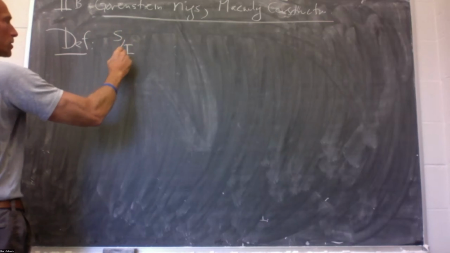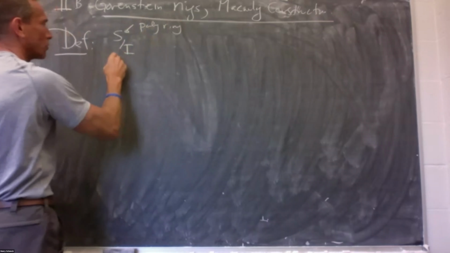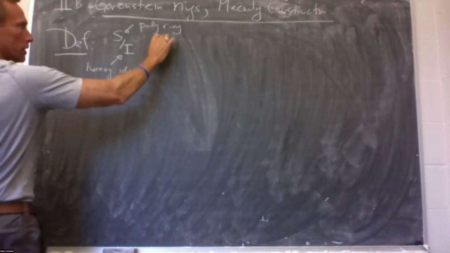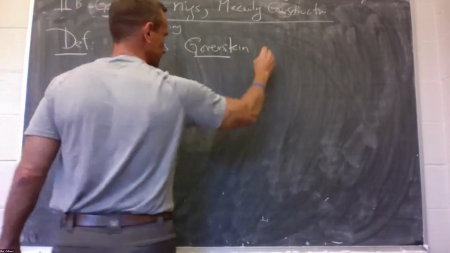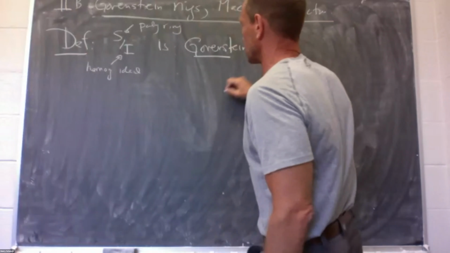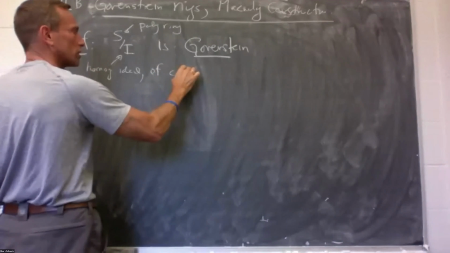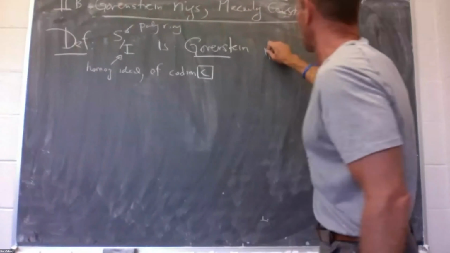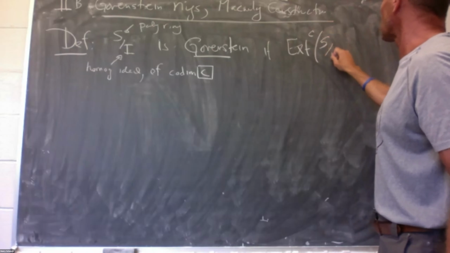S mod I, where S is a polynomial ring and I is a homogeneous ideal of codimension C, is Gorenstein if Ext^C(S/I, S) is isomorphic to S/I(A).